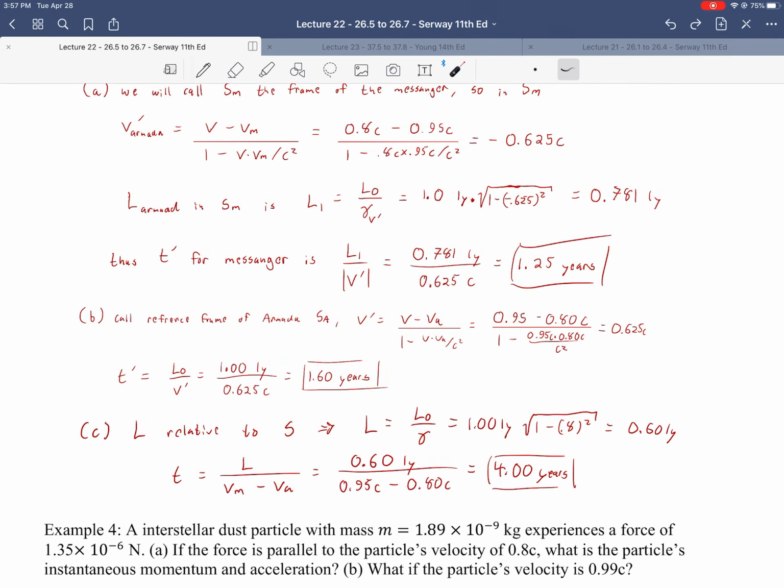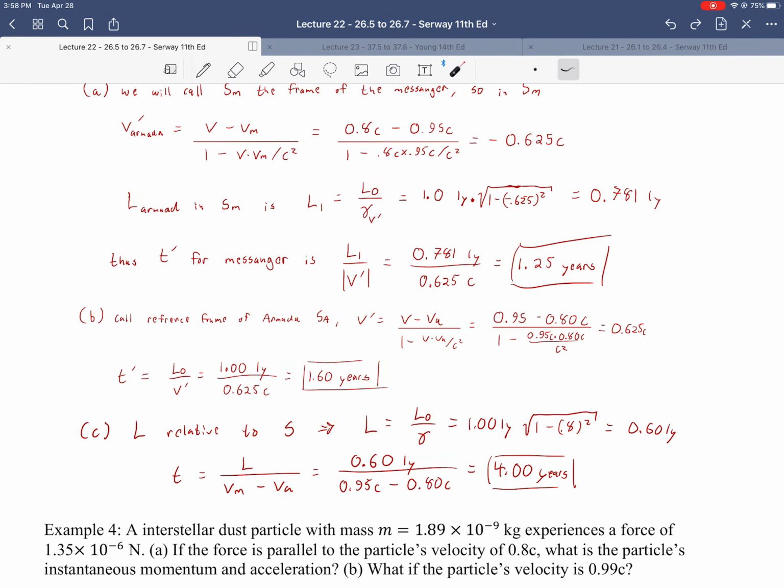So now I'll use that along with the relative velocities to find out how long it takes. The time that a planet-based observer would measure for the messenger to leave the end and get to the front would be the contracted length, as measured in their reference frame, divided by the velocity. Well, what velocity would they measure? They would measure simply the difference between both velocities relative to them. So they would have the velocity of the messenger minus the velocity of the Armada.